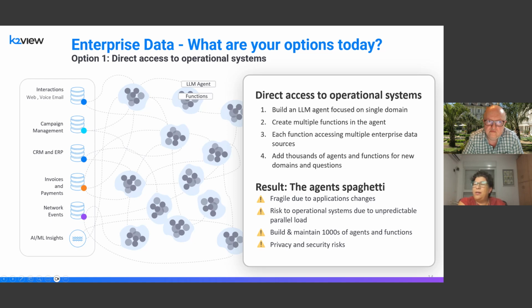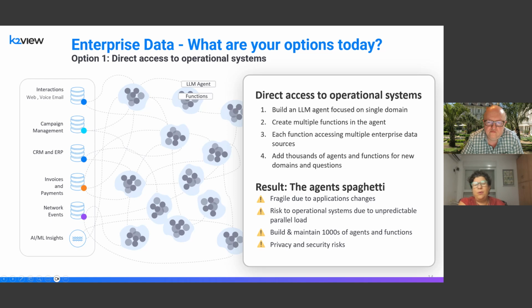The first one is around going directly to the source systems, to the operational systems, and getting the data from there. What we see in this case is that organizations are writing and building LLM agents that focus on a single question, on a single domain.